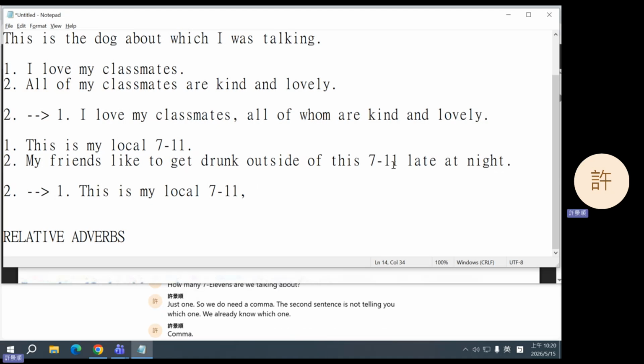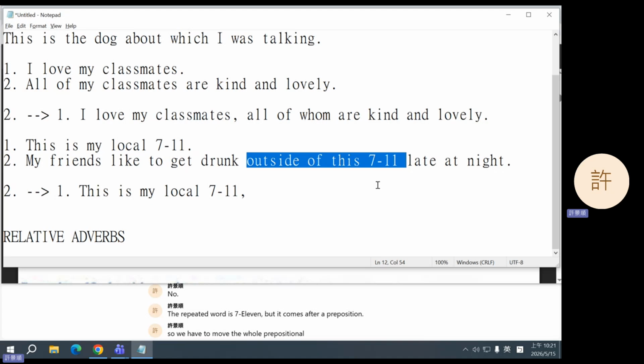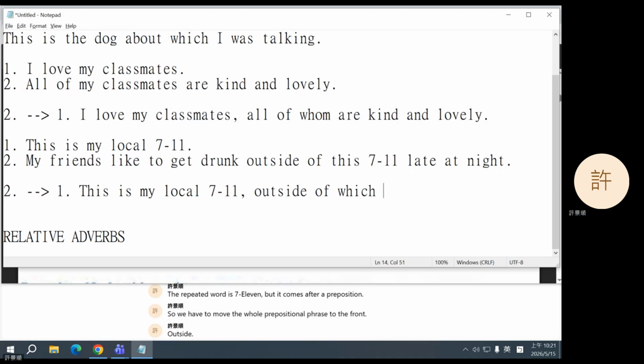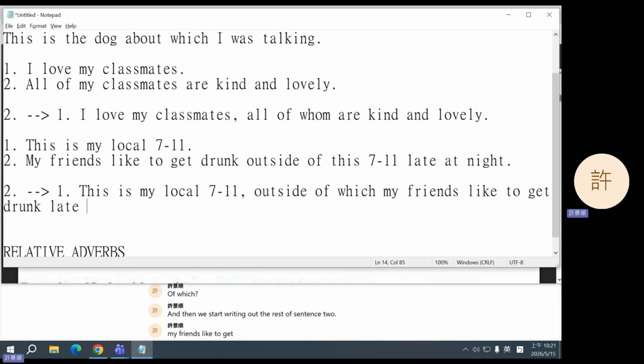Now, the repeated word is 7-Eleven, but it comes after a preposition. So we have to move the whole prepositional phrase to the front. Outside of which. And then we start writing out the rest of sentence 2. My friends like to get drunk late at night. Okay? Raise your hand if you understand. Okay, good. So that's the first thing I wanted to tell you.